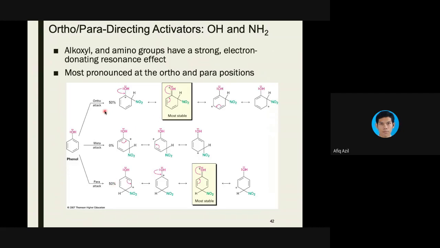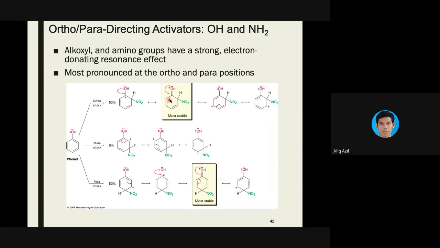Okay, for ortho and para, they have 4 resonance structures, unlike meta, which has only 3. And then as you look over here, even though all of these carbocations, this 1, 2, 3, this one also are secondary, okay, this one also secondary, but these two are the most stable.